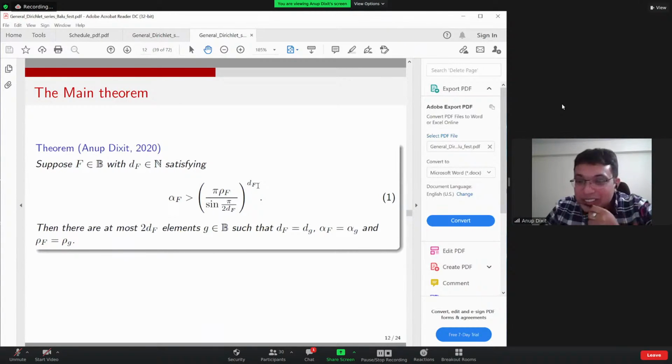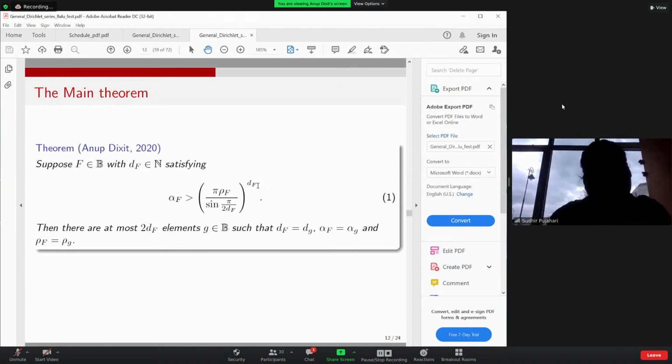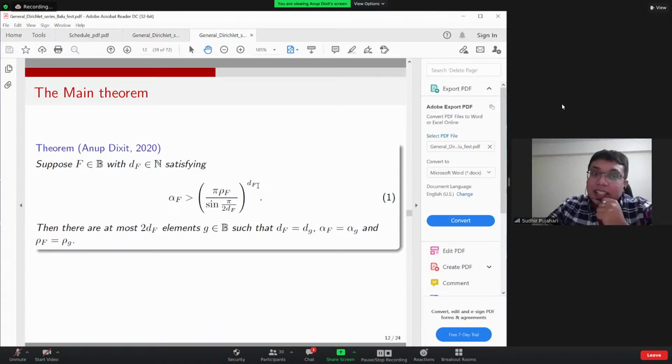First question is, can we take the degree to be fractional? I don't think so, because the degree appears as an exponent, so it will be hard to define it. There will be a problem of defining the branch, choosing the branch of the logarithm and so on.